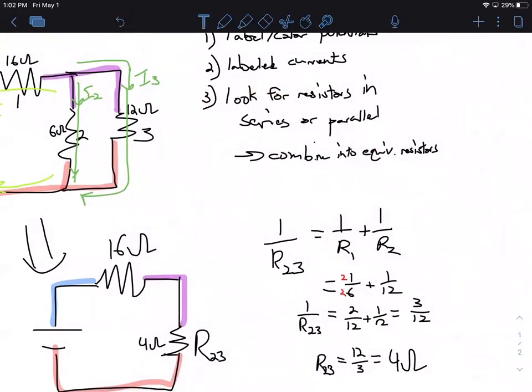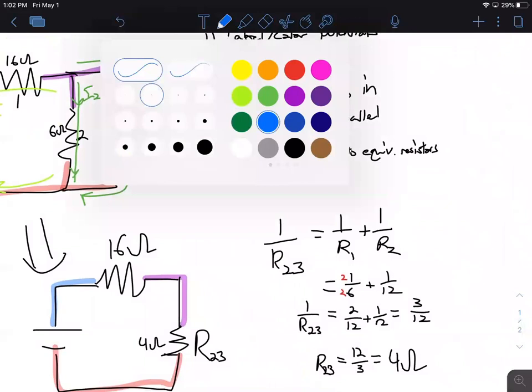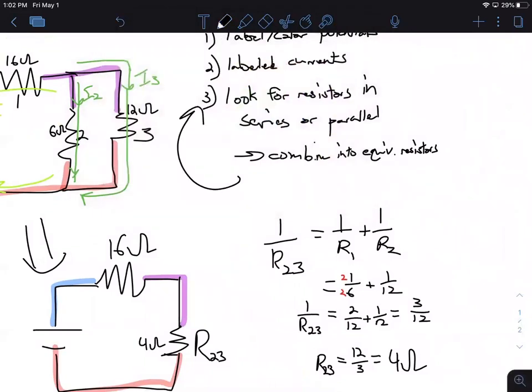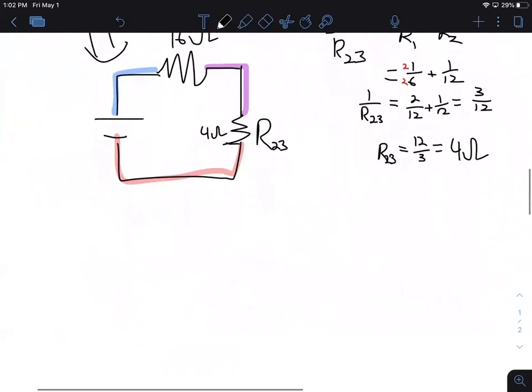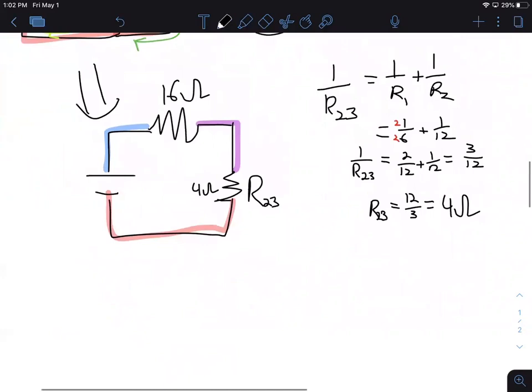So you do step 3, and then you go back and you do step 3 again until you find whatever you're looking for. Okay, this is 2 things in series because I look now, I have 1 loop. They just have that total current from the battery.